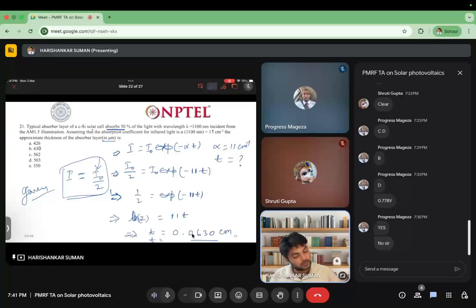This is in micron, so apply the conversion from centimeter, then you will get 630 in micrometer.